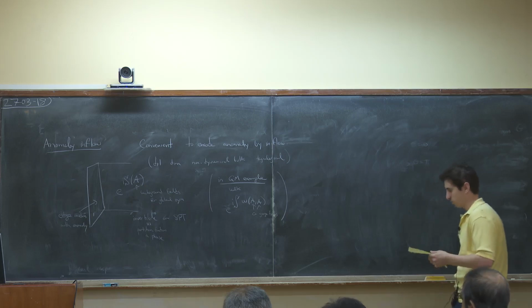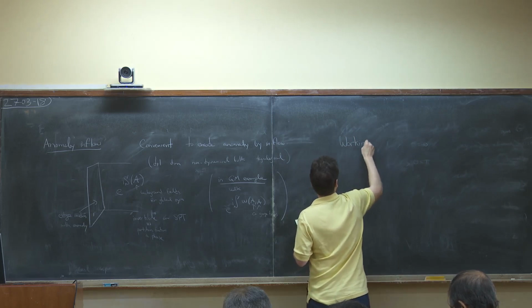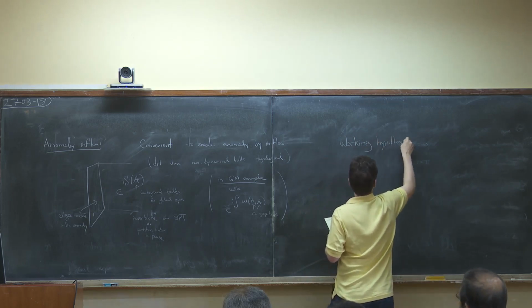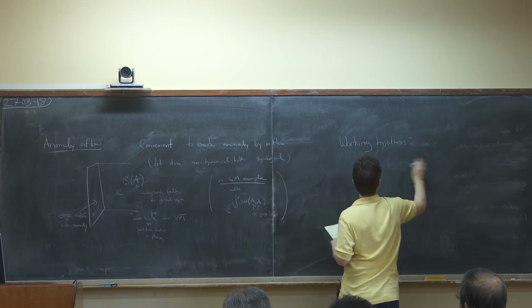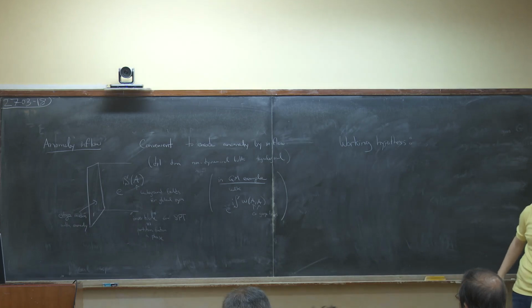Okay, so what's the working hypothesis? Maybe you already explained this, but the reason this works in Chern-Simons theory is that the action changes by a total derivative under a gauge transformation.